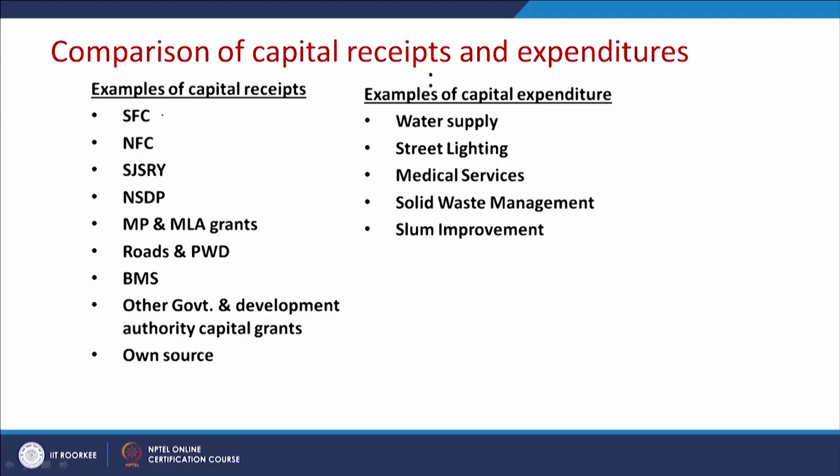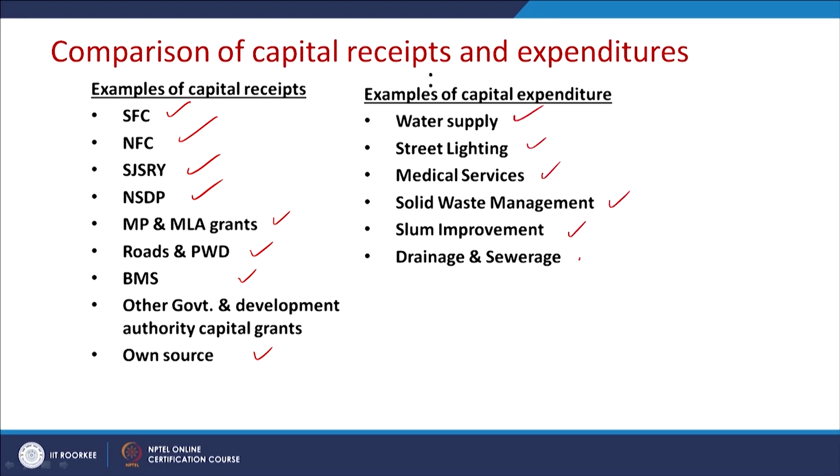Now, let us see the types of expenditure and receipts. Basically, capital receipts include the State Finance Commission, National Finance Commission, SGSRY, and all these central government and state government grants. The expenditure includes water supply, street lighting, medical services, solid waste management, slum improvement, drainage, sewerage and road construction.